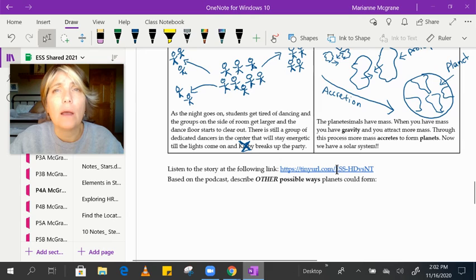Keep in mind that the science, the best science we have now, confirms what I've just walked through in the nebular theory. But there are other ideas out there, and if you are interested in learning about those ideas, you can do so at this tiny URL.